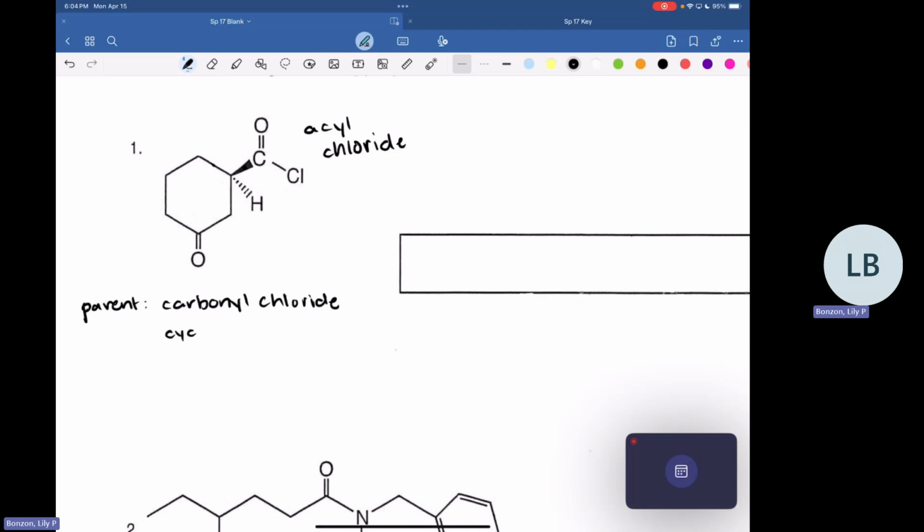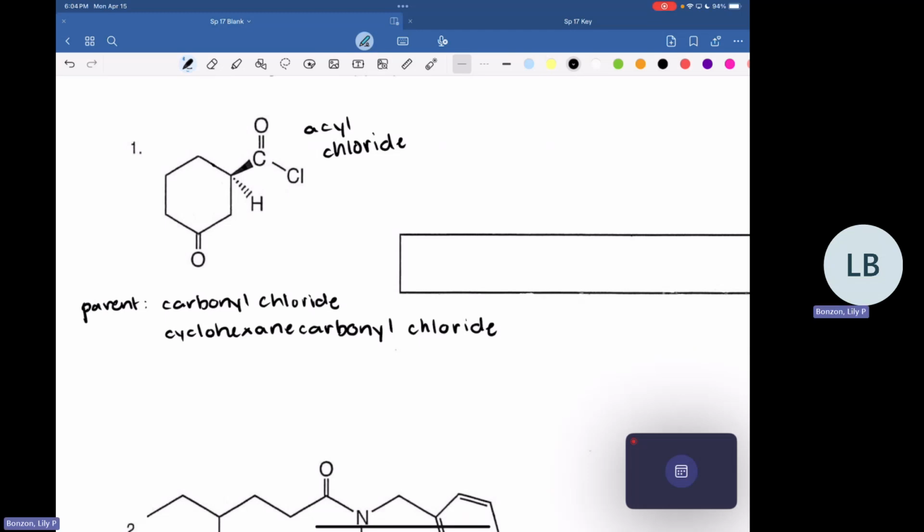So cyclohexane carbonyl chloride. This exam, you might have to spend a little bit more time practicing nomenclature just because there are a lot of subtle differences. For example, the cyclic compounds versus the linear chains have slight differences. Like with this one, you have to put the carbonyl chloride after the cyclohexane.